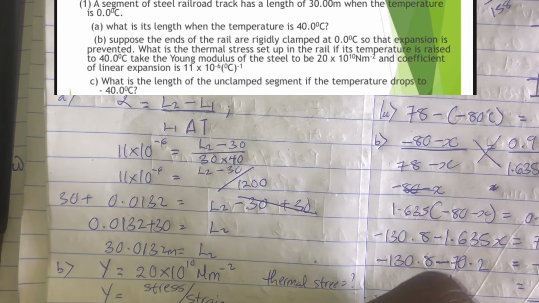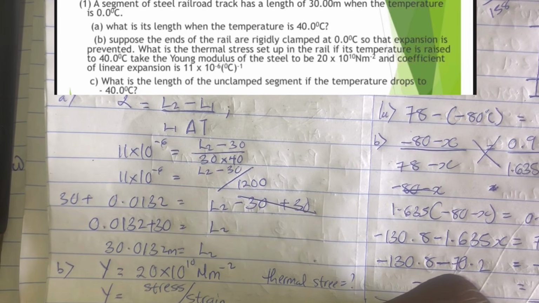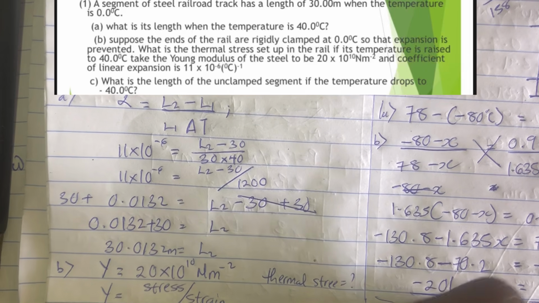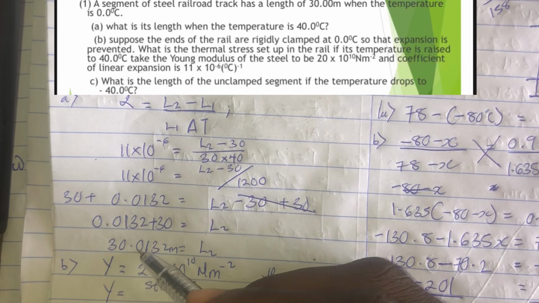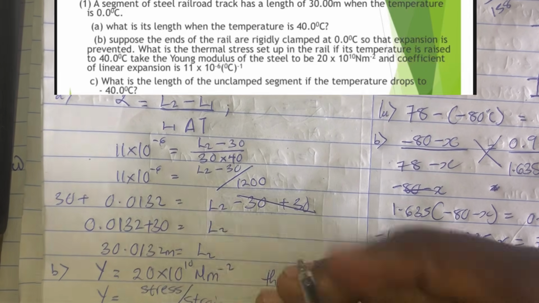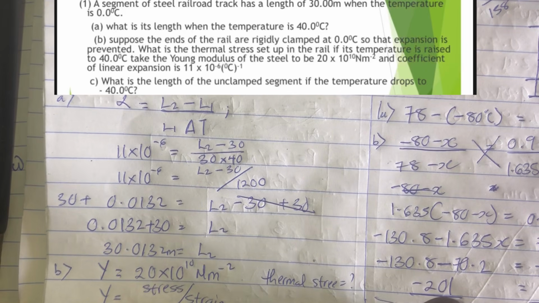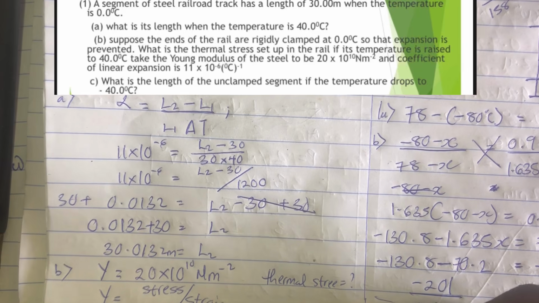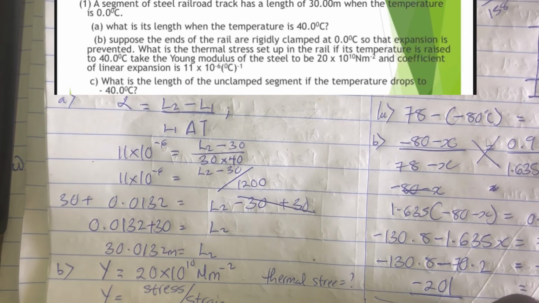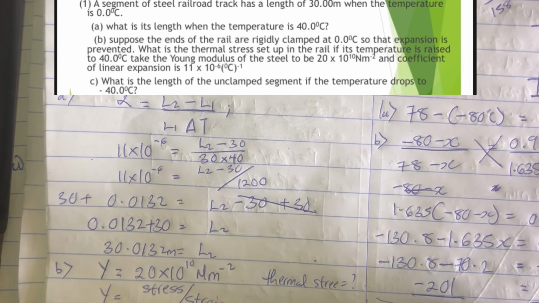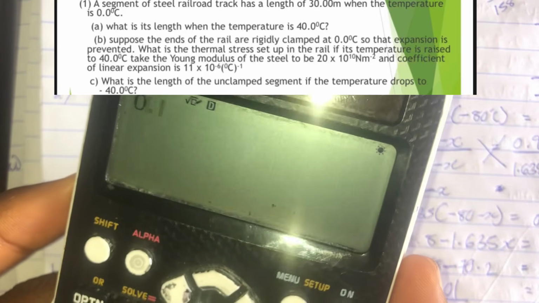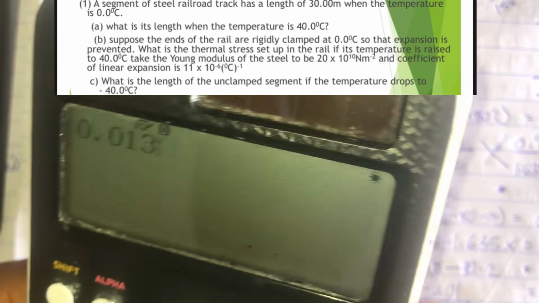So that will be 30.0132 minus 30, that's the final length minus the initial length, divided by the original length, that's the initial length, 30. So that will be 0.0132 divided by 30. That will be 4.4 times 10 to the power minus 4.